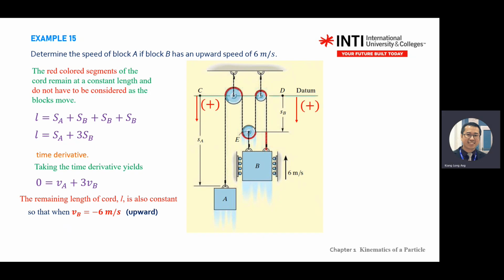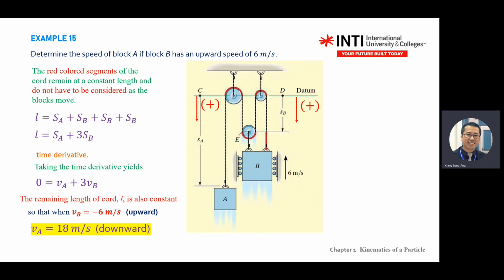When you substitute, you will get VA as a positive value. If you accidentally put this one positive, you get a negative value for A. A negative value for A means only a wrong hypothesis. Okay, be careful on the direction, referring to the datum.